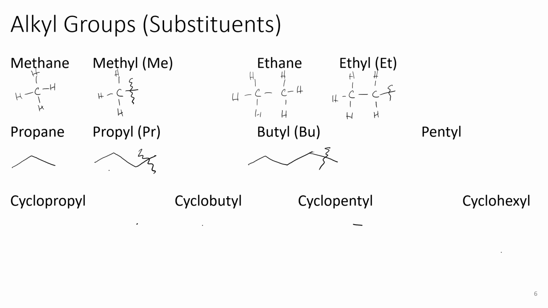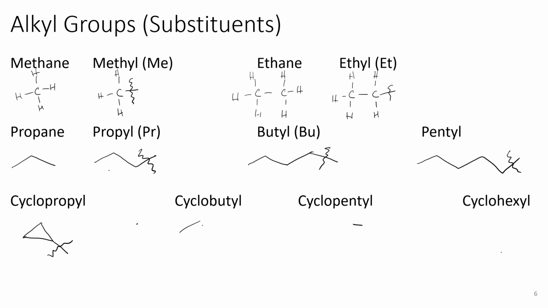We may also see some pentyl branches. Pentyl will be 5, so we would have a 5-carbon chain coming off of our main chain or large chain. We will also see those cyclic rings as branches as well. So we can have a cyclopropyl group, where we would have that 3-membered ring coming off of a chain.